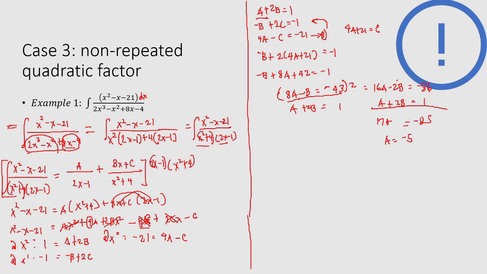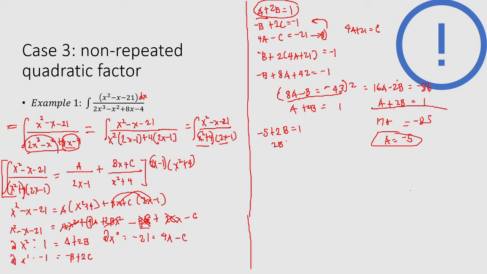So what is our B? We already have A, so we can already get B using equation 1. A, or negative 5, plus 2B equals 1.